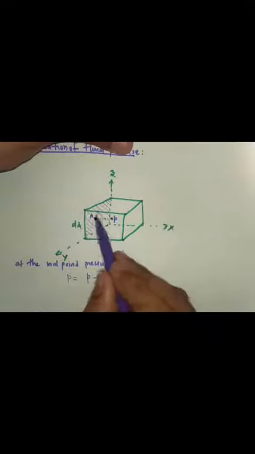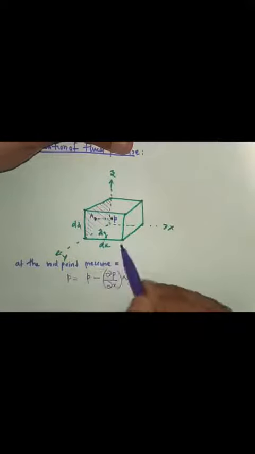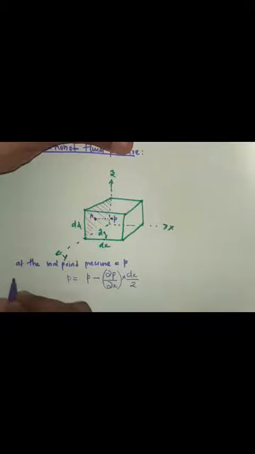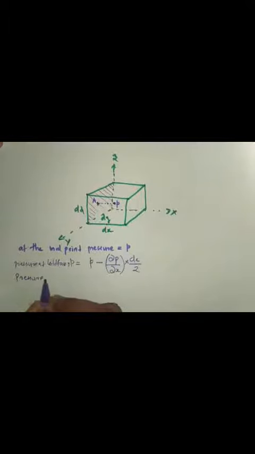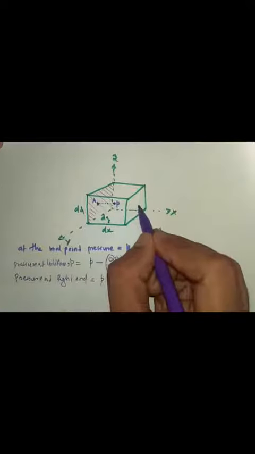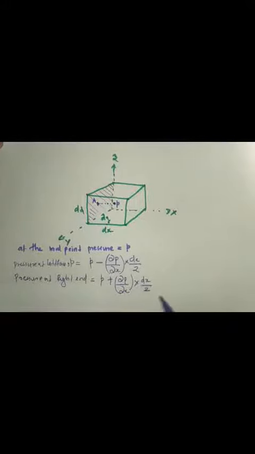The pressure at the left face of the element is P minus dou P by dou x into dx by 2. The pressure at the right end is P plus the change, that is dou P by dou x again, into that distance, dx by 2.